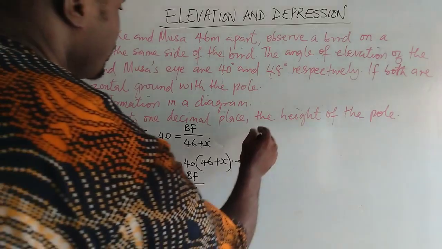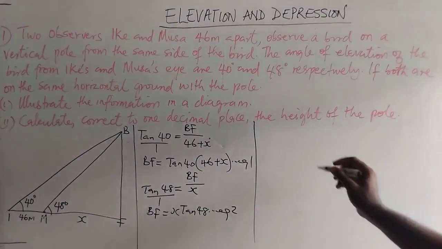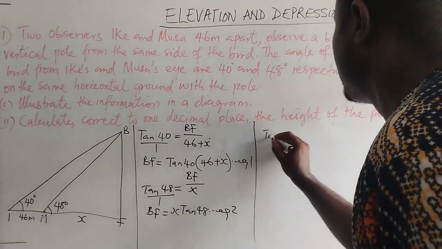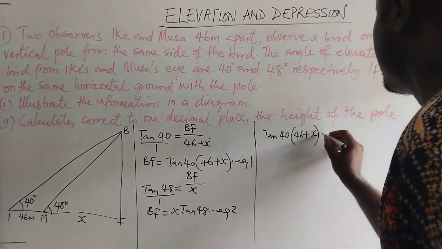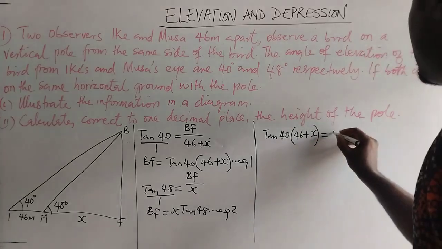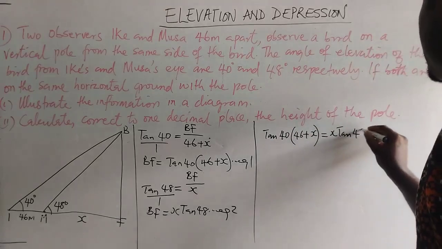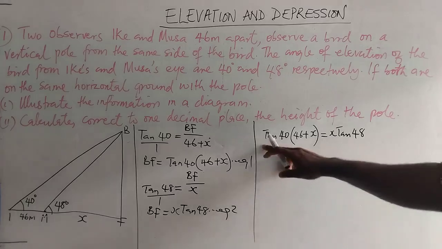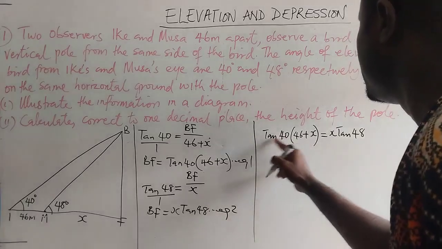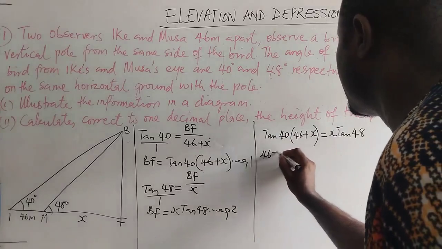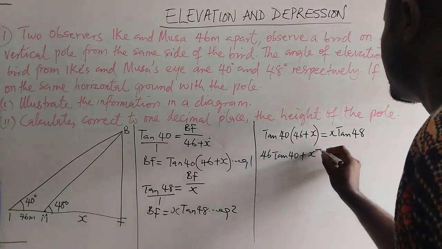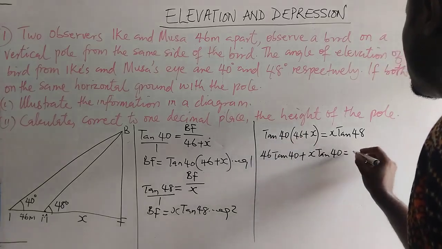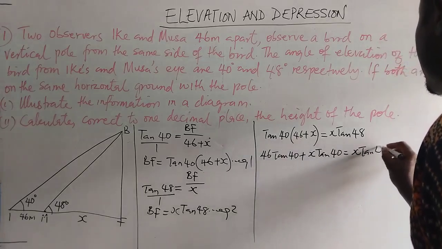And if we equate the two, you will now have tan 40 into 46 plus x is equal to x tan 48. You open this bracket. Opening it, we have 46 tan 40 plus x times this will give you x tan 40 equals x tan 48.